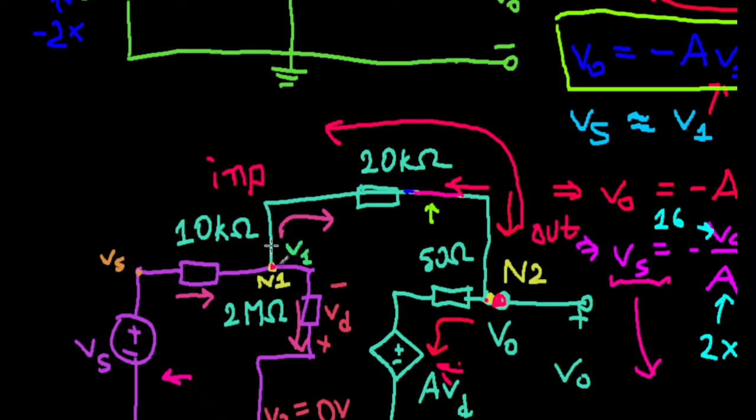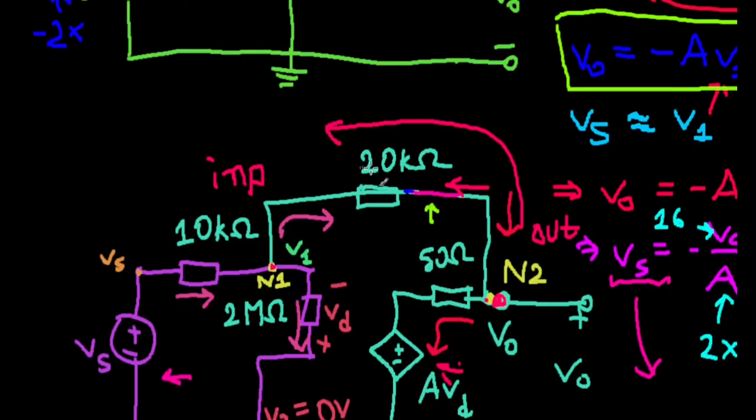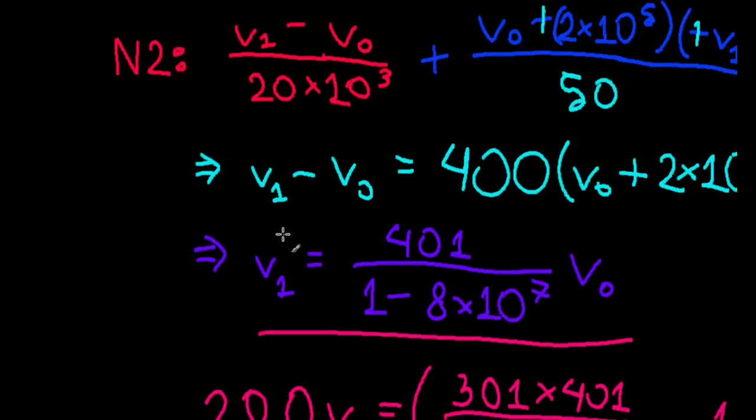This current is then going to influence the input, and VD is going to be influenced by that, then that's going to influence the output, and then that's going to influence the input. So it's like a feedback cycle, right? The output feeds back into the input. Let me write that.